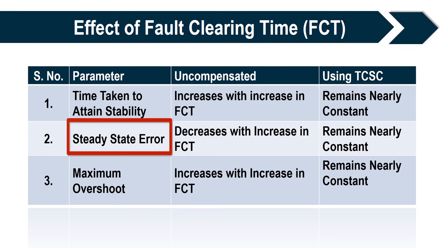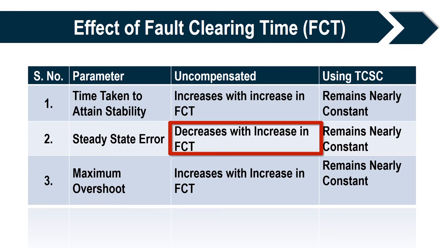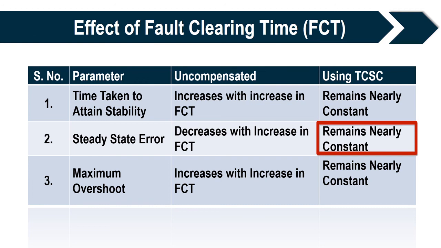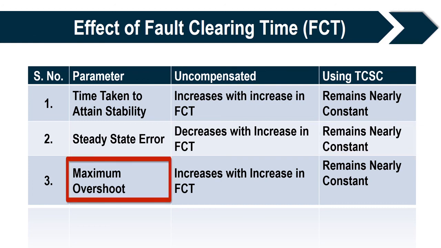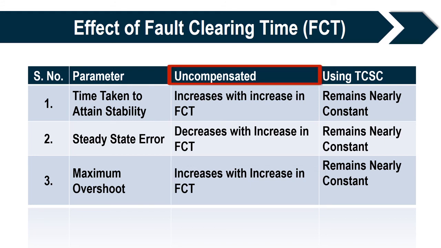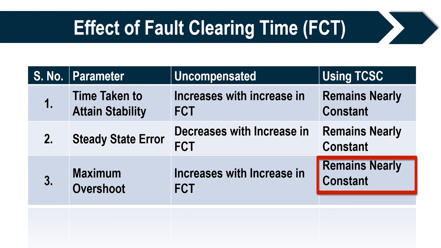Similarly, the steady state error decreases with the increase in the fault clearing time for the uncompensated system, whereas using TCSC, it remained nearly constant. Also, the maximum overshoot increases with the increase in the fault clearing time for an uncompensated system, whereas it remains nearly the same for a TCSC based system. So these were the various observations we found by changing the fault clearing time.